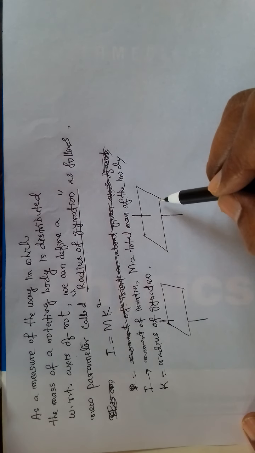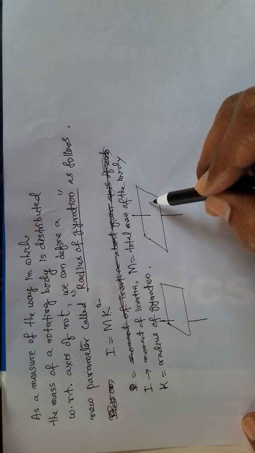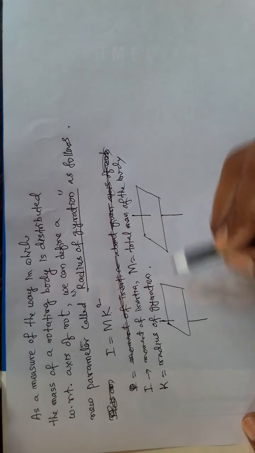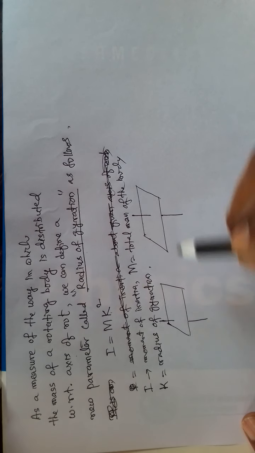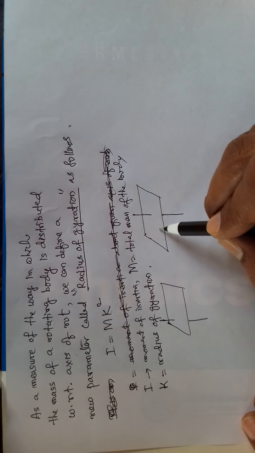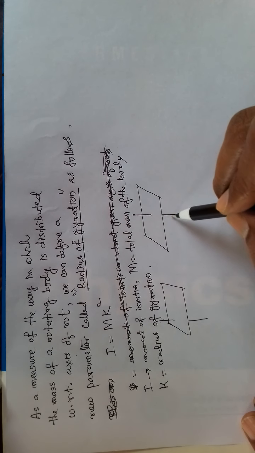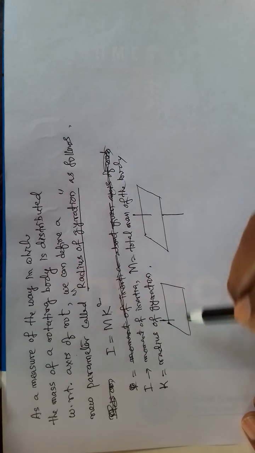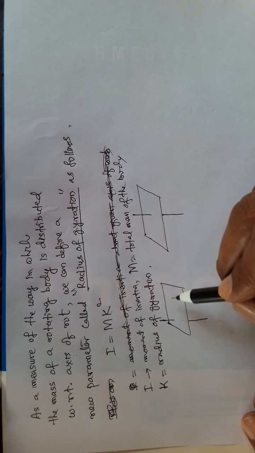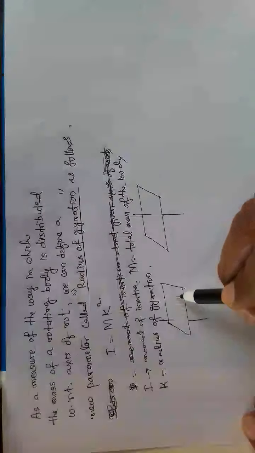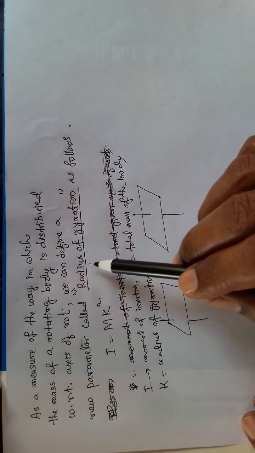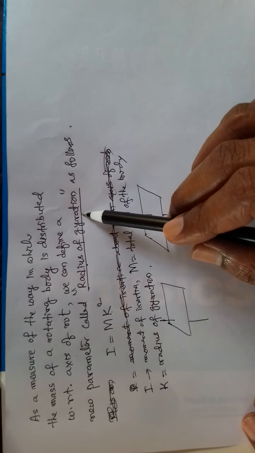The reason is how the mass is distributed around the axis of rotation. If you are interested in how mass is distributed with respect to the axis of rotation, then we should have a new parameter called radius of gyration.